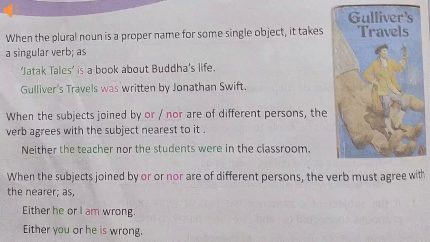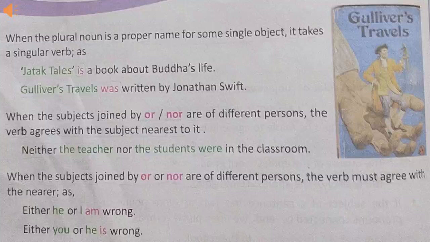and according to this subject, we have used the plural verb, which is were. When the subjects joined by or, nor are of different persons, means one is first person, the other is third person or second person, etc., the verb must agree with the nearer. For example, either he or I am wrong.